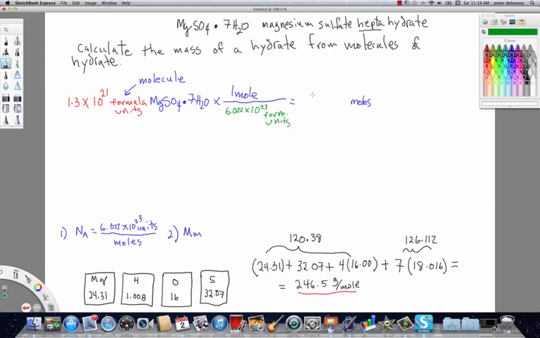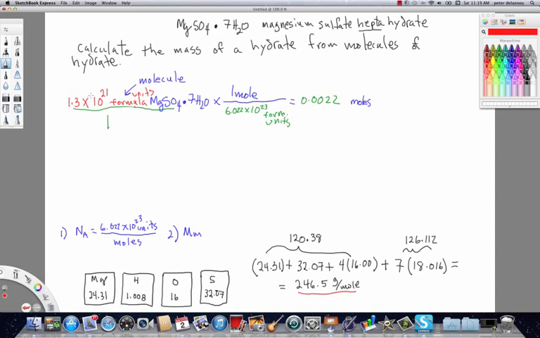And the moles that we're going to get from the calculation will be 0.0022. So we took this number over 1, this number over 1 times 1 mole over 6.022 times 10 to the 23rd formula units.